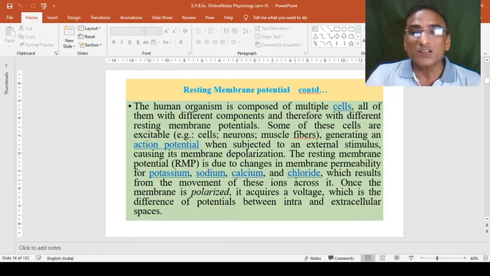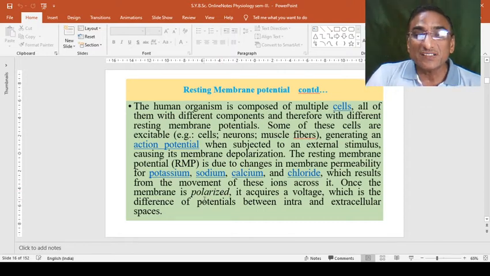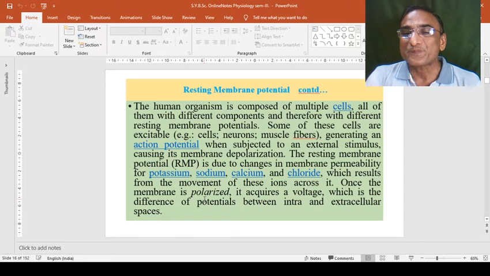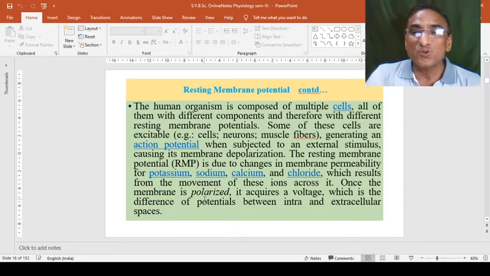These chemicals move through the membrane, and the polarization or depolarization is facilitated. As the ions move across it, the membrane is polarized. It acquires a voltage, which is the difference of potentials between intracellular and extracellular spaces.